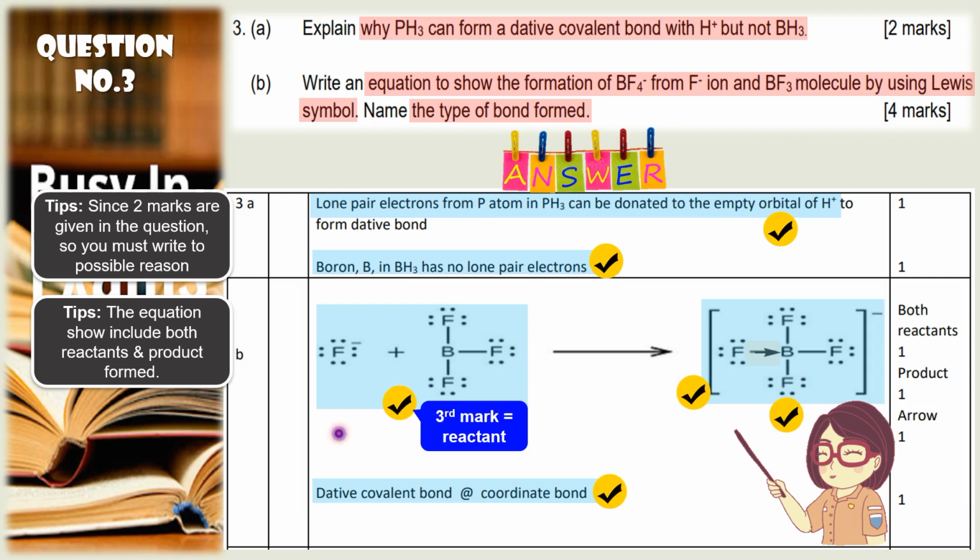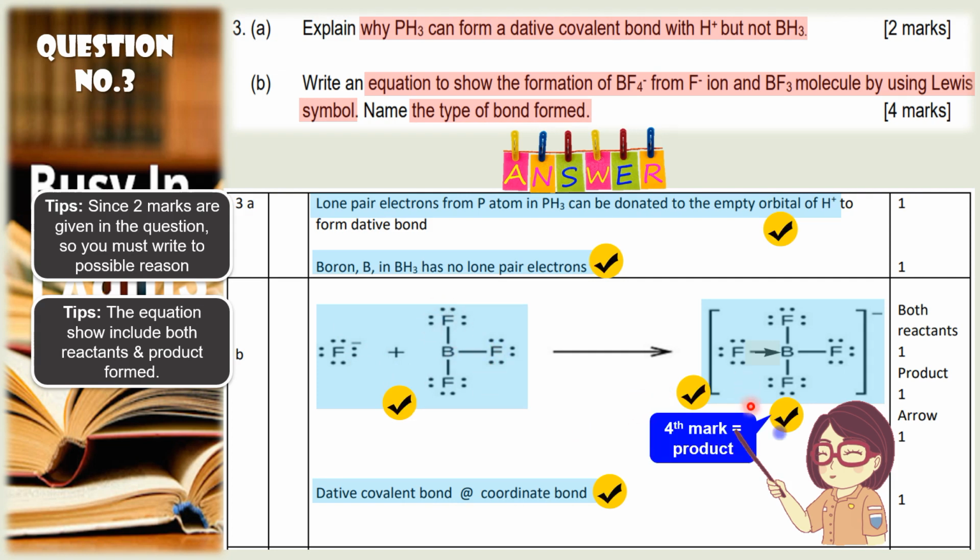So the first mark is when you write both reactants correctly, with the negative charge on fluoride, and BF3 with all the lone pairs. And then the second mark is given to the product, which should have a negative charge here. And then the third mark is given to you for the arrow, from the donor, that is the fluoride ion, to the acceptor, that is the boron, 1 mark.